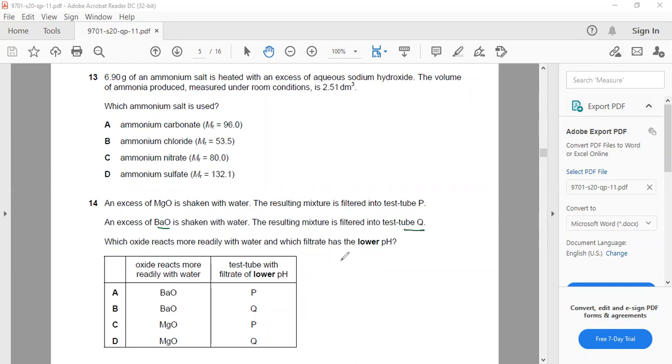Test tube Q: A and B, C wrong, D wrong. Barium oxide is soluble, forming barium hydroxide. Barium hydroxide is also soluble, so it will have a higher pH. So Q will have high pH, and the other low pH. A is the answer.